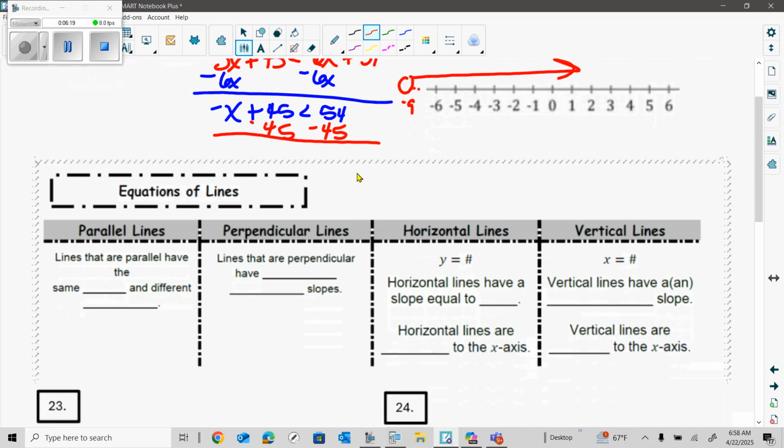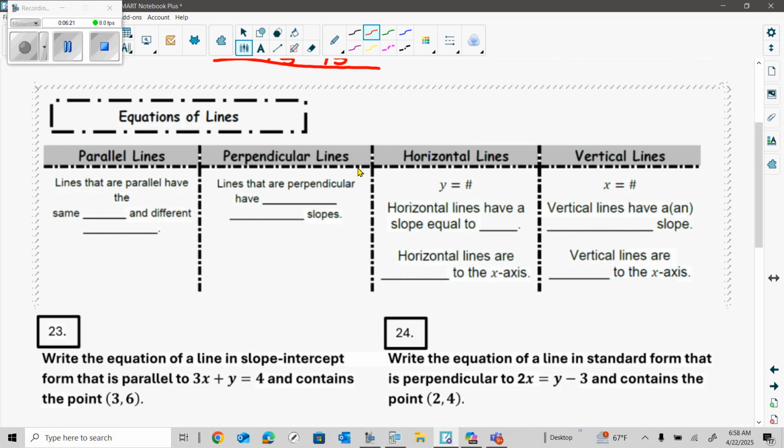So from here, we have to know our equations of lines. Parallel lines, we have to remember have the same slope, but a different y-intercept. Perpendicular lines have opposite reciprocal slopes.